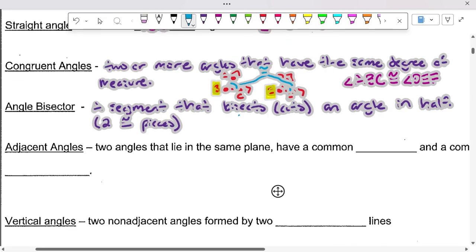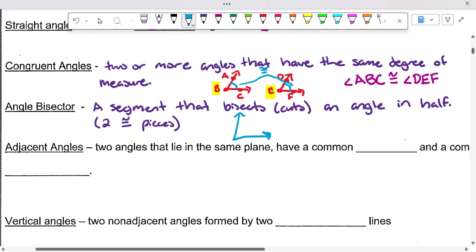So, for example, this purple line right here is an angle bisector. So if I name this angle, let's say it's ABC, and let's call the bisector D. What it does is that it creates 2 congruent angles. So this little angle is the same measure as that little angle.